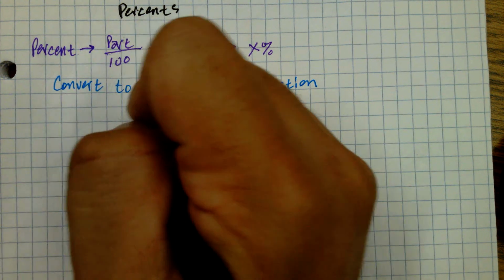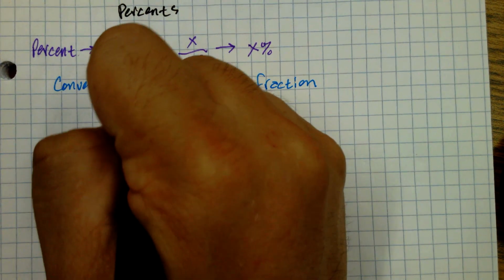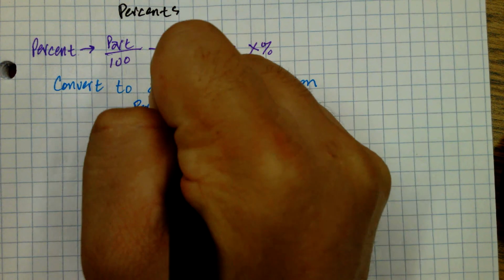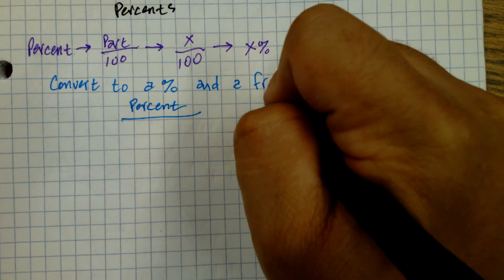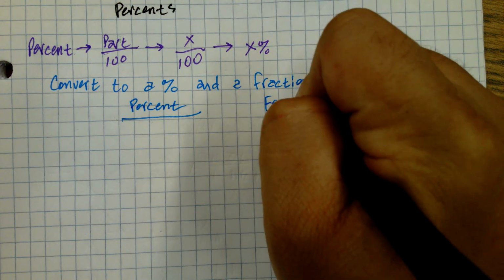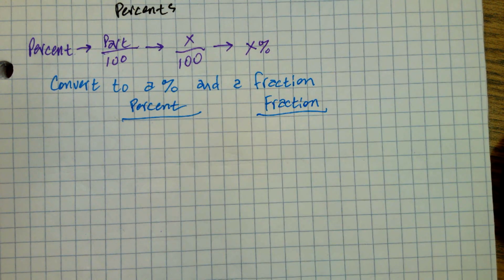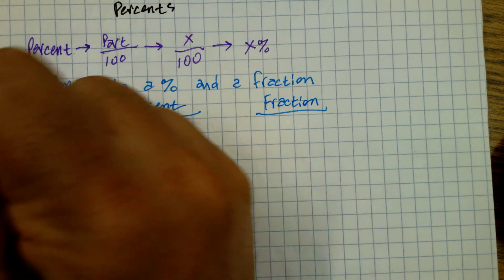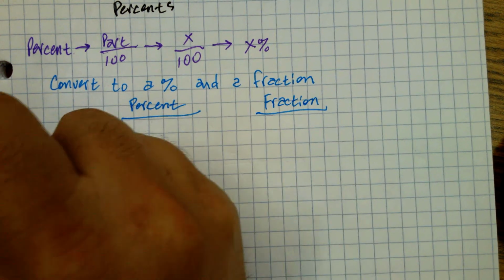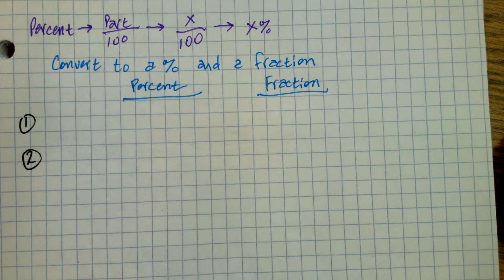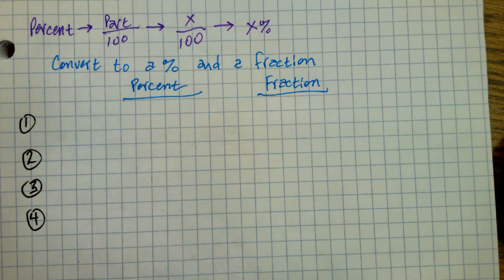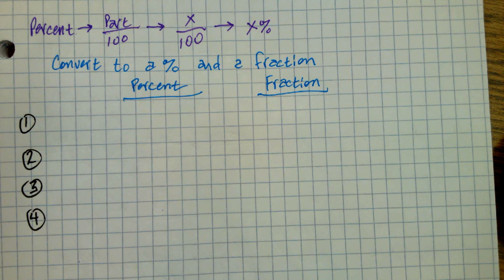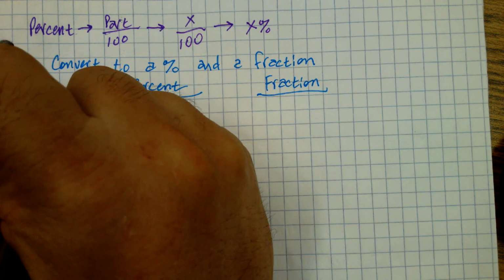So we'll state each value as a percent and as a fraction. Okay. So let's do some values. Let's do 4 of these: 1, 2, 3, and 4. So I'm just going to write some numbers of various types with decimals in them.